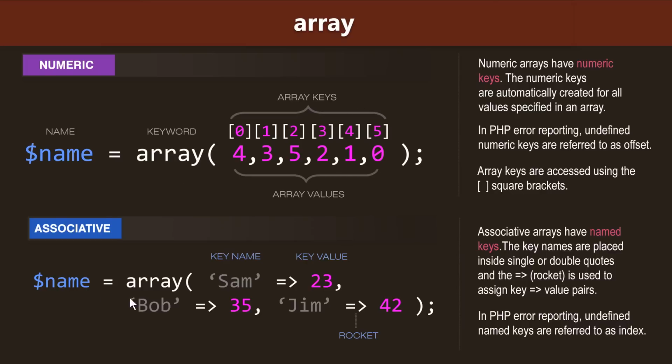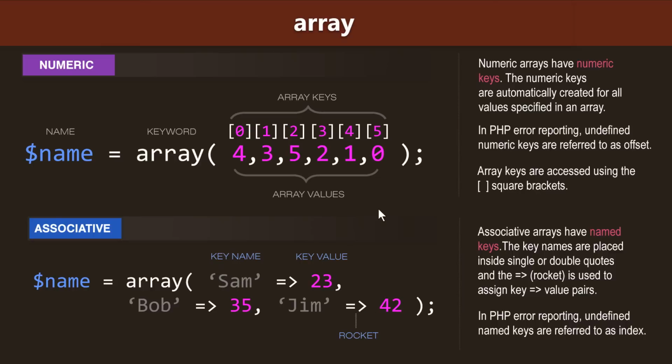The associative array, we actually specify what the key name is, and we enclose it in either single or double quotes, and we use this rocket operator to assign whatever value that named key is going to have.